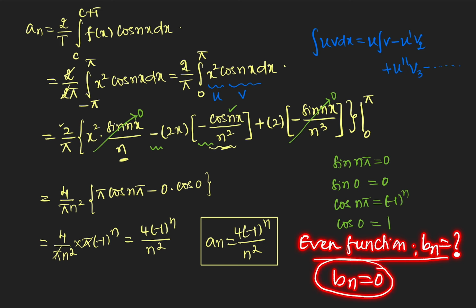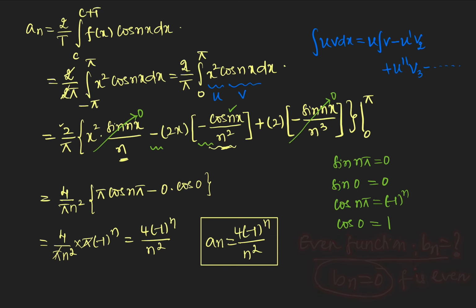This is true only if f is even. With that property, we can directly take the value of bn as 0 because f is even.